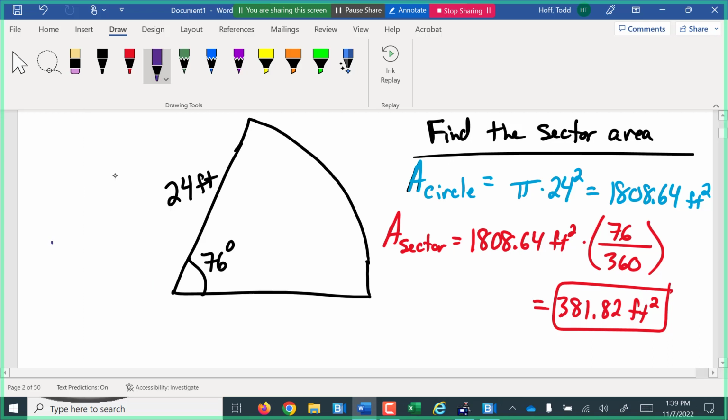We're going to start out by finding the circumference of the whole circle, which is going to be pi times, not 24, but, 24 is the radius. Circumference is pi times diameter. So pi times 48.